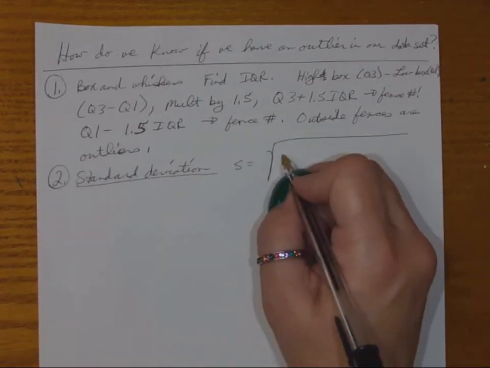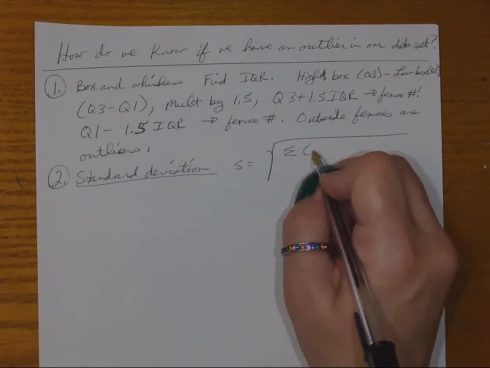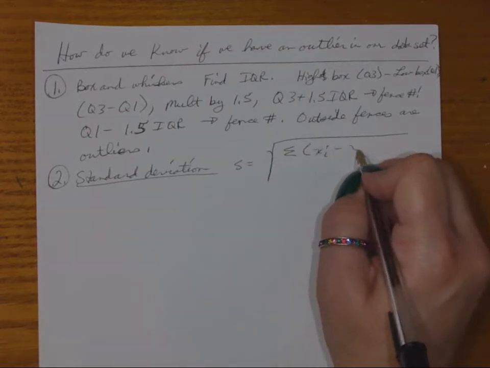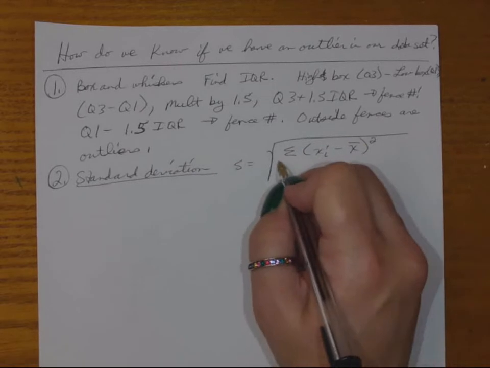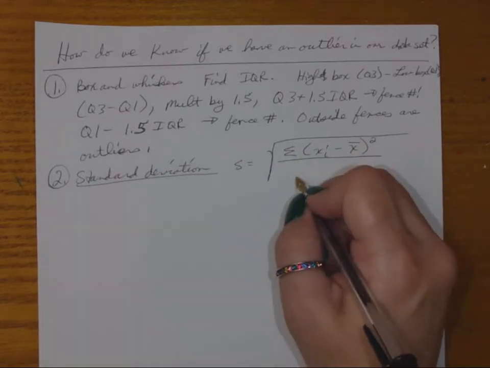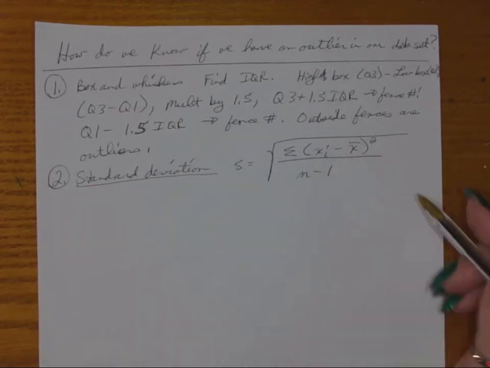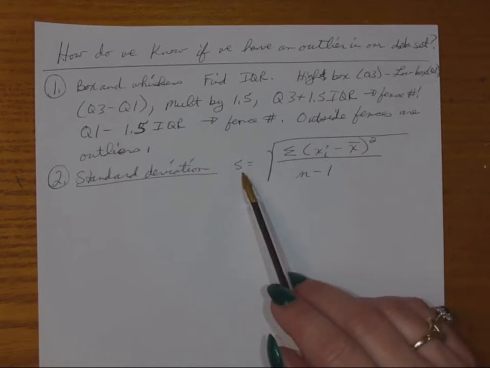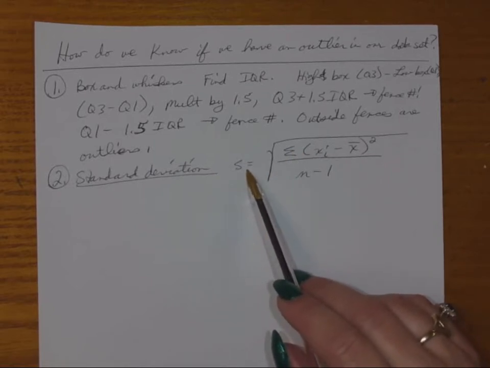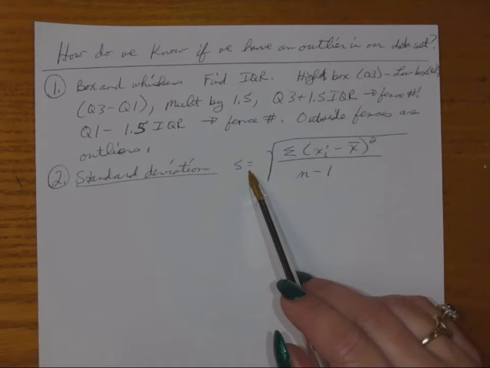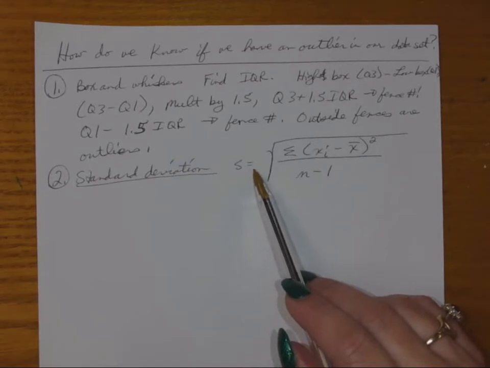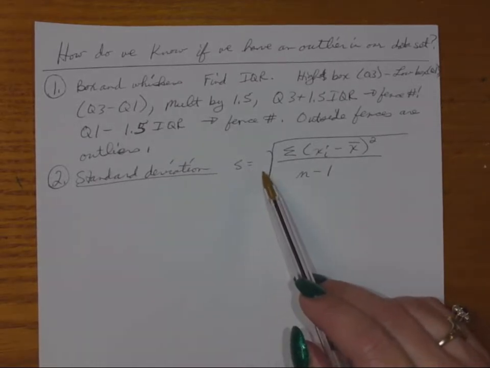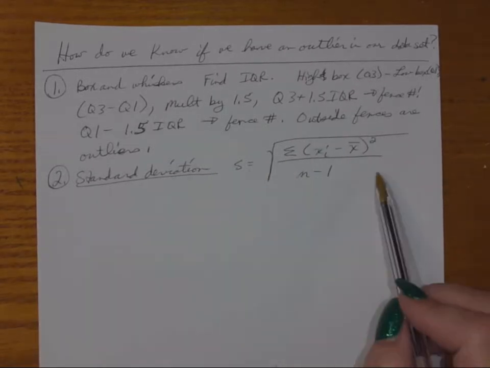Fortunately, for some of these z-score problems we're about to do, we need the standard deviation, but they often will give it to us, so we don't have to do this calculation because it just takes time. And as you use statistical software like StatCrunch or SPSS or R, if I have a lot of data points, it's so much faster to just stick them into the software and have it do it for me.